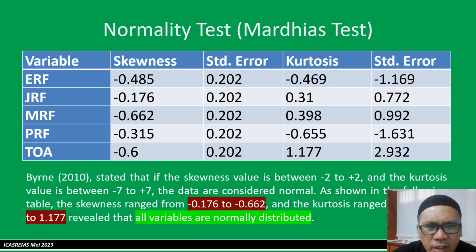For the second check of the data, we use a normality test, or the Mardia test. From the table we can show the kurtosis and skewness. The values are in the range, so all variables are normally distributed.